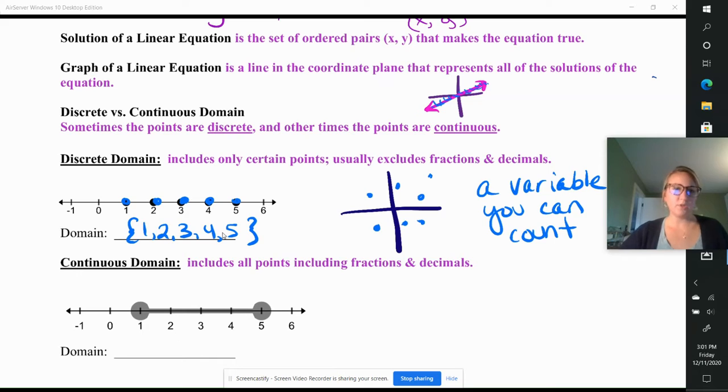One person, two people, three people, one pencil, two pencils, three pencils, because you wouldn't really consider like half a person, 2.5 people. Those values in the domain are whole numbers only.